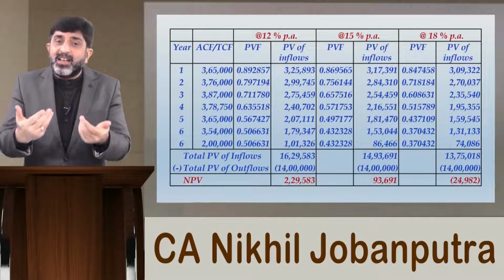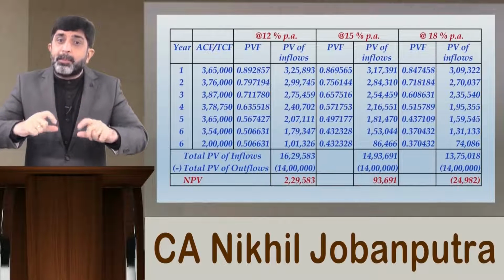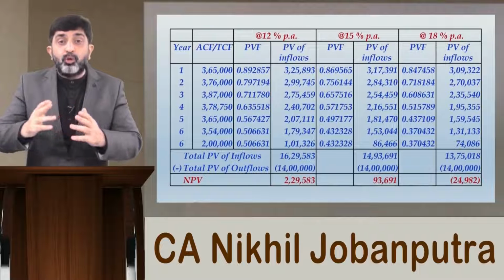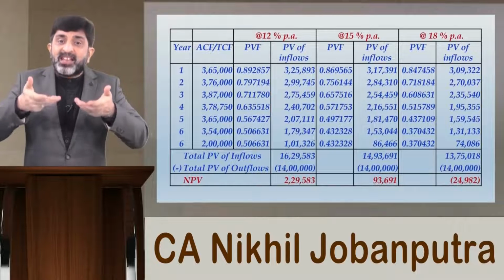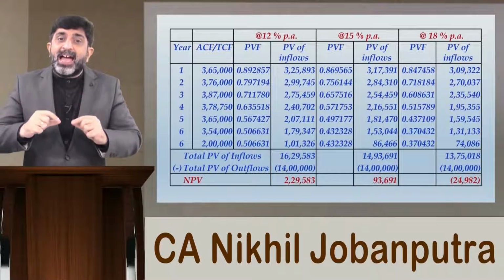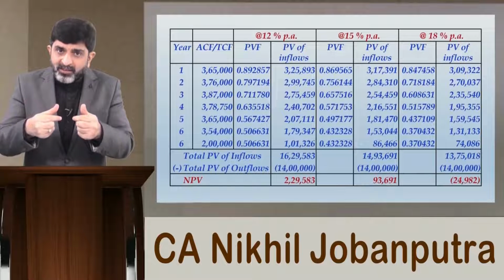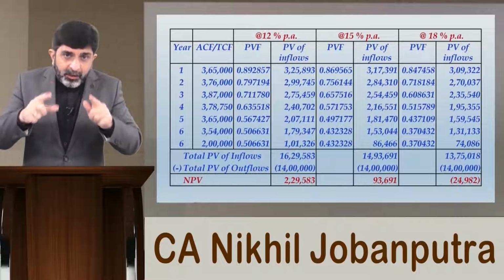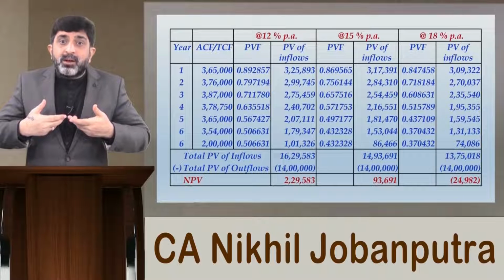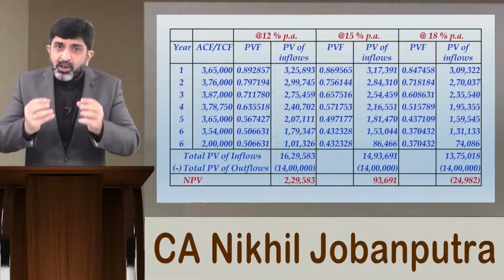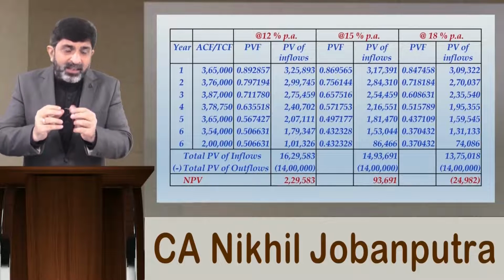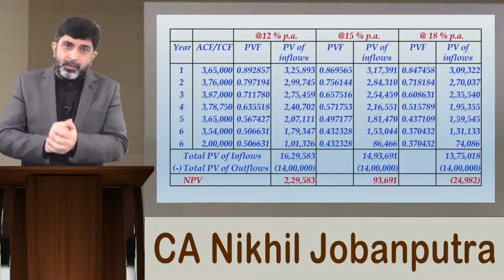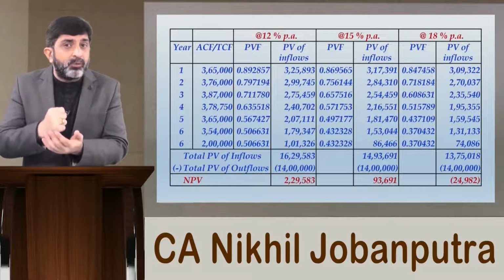That is a clear indication that this project is capable of providing you returns of more than 12%. So we had increased expectation, and now we are analyzing the same investment with a 15% expected rate of return. That means if I am being told that, sir, your investment in this project is going to provide you a rate of return of more than 12%, I would ask you, why more than 12%?